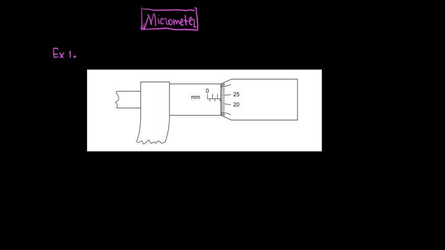So how will we find the given length of this object between the anvil and spindle? You may ask, where's the anvil? Anvil is represented by this object over here. So this whole thing is going to be representing the anvil.